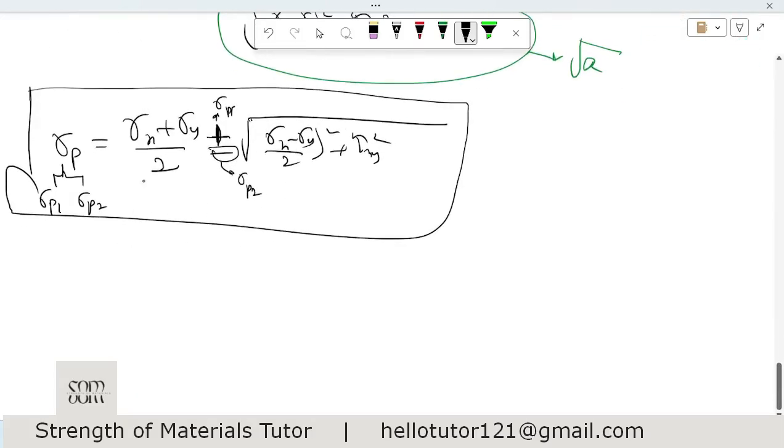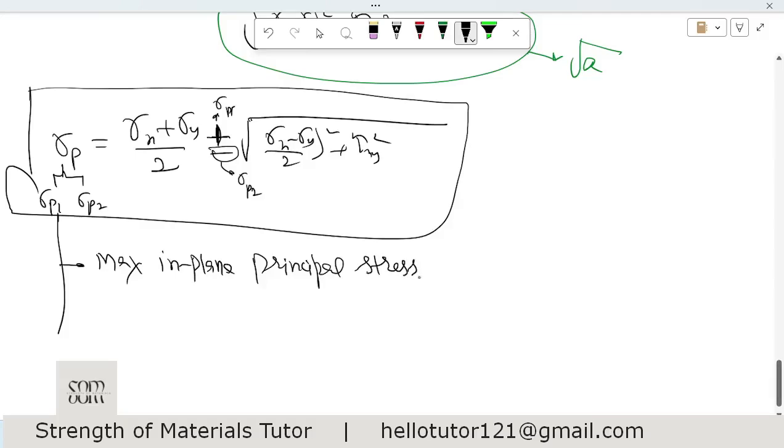Okay, so we have the maximum principal stress, right? So from it, what we have is the maximum, but basically it is in plane. I will tell you in a moment why we call it in plane. Maximum in plane principal stress, right, and we have minimum in plane principal stress.